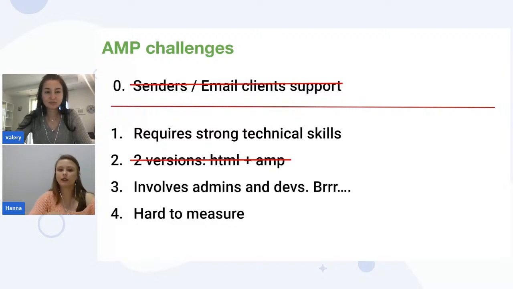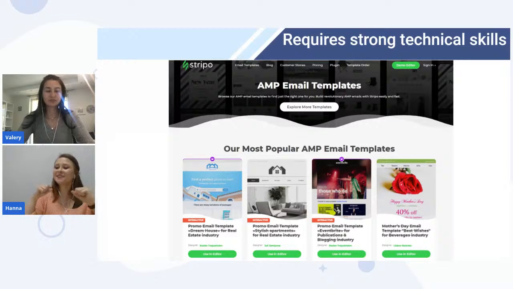Requires strong technical skills. That's why we are here, actually, because we're working closely with Google to make sure that everyone can learn how to use AMP, and it's super simple for everyone. We offer for now 70 plus templates that have the AMP HTML feature.